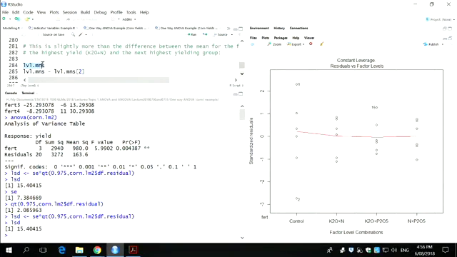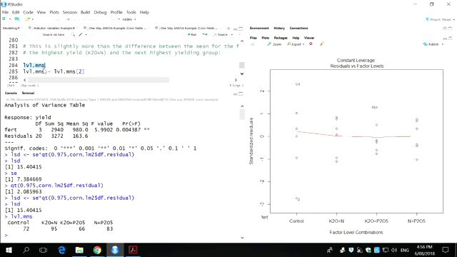Now, here's the level means. Okay, so any two that differ by more than 15 are going to be significantly different. Well, they differ by 23, so that difference is definitely significant. These two differ by more than 15.